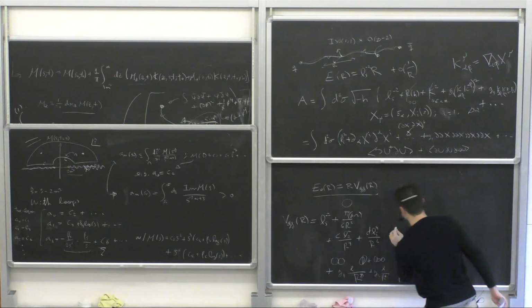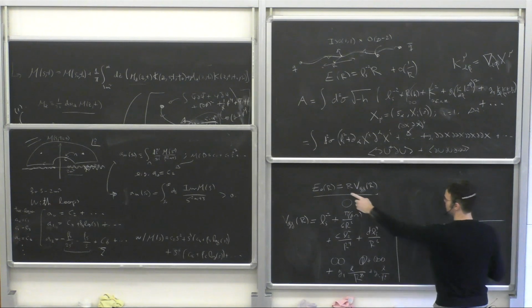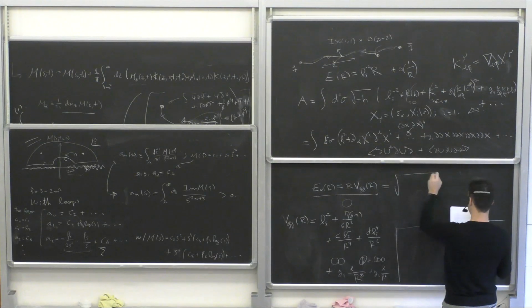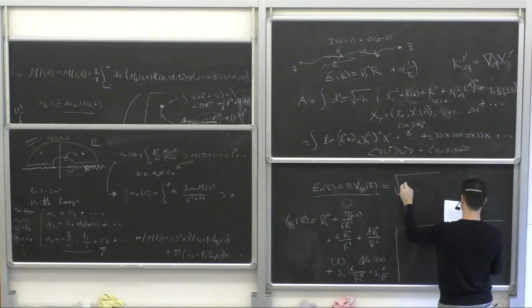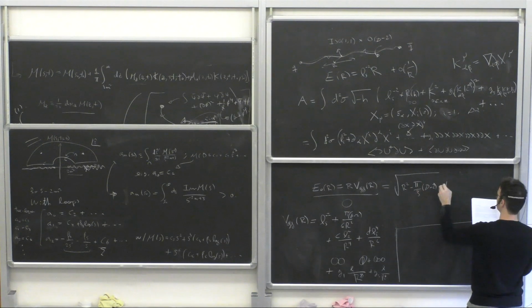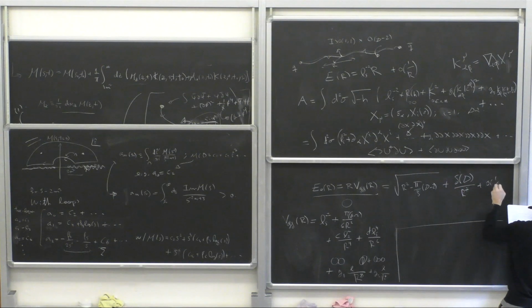Now, this whole expansion can be actually summarized with this equation. So let me write the vacuum energy. The vacuum energy is precisely equal to R squared minus pi over 3 d minus 2 plus some calculable coefficient over r to the 7 plus order of 1 over r to the 9, okay?